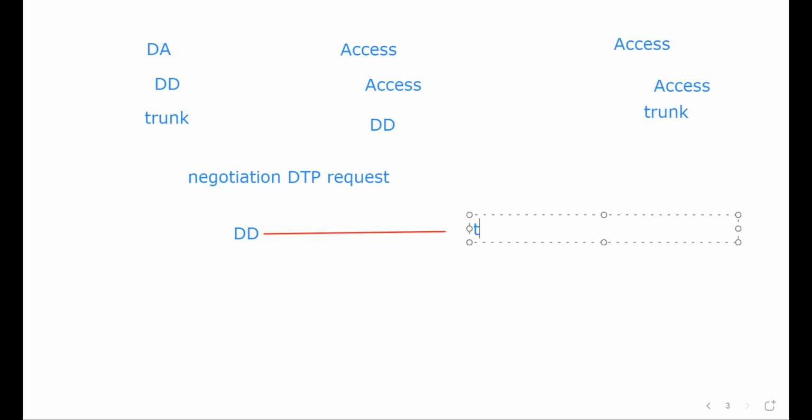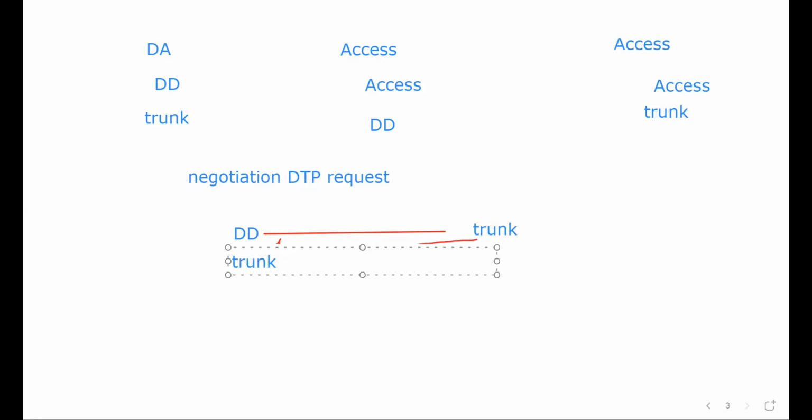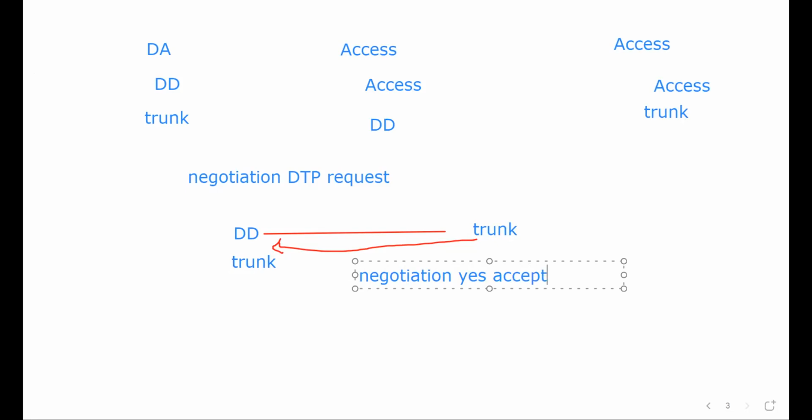It will convert to trunk, and the trunk sends DTP to the dynamic desirable mode, which will also create a trunk. Negotiation will accept making the trunk. Yes, accepting here to make a trunk.